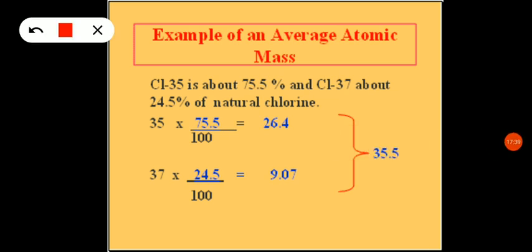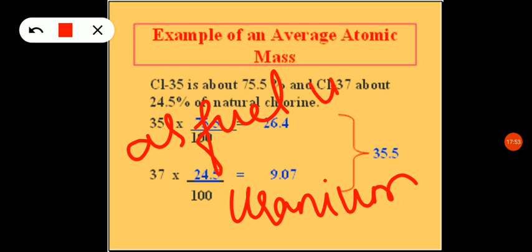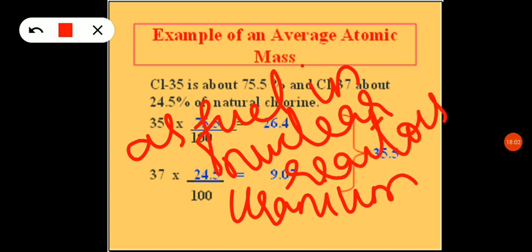The isotope of uranium is used as fuel in nuclear reactors. Nuclear reactors are used in nuclear power plants to generate electricity. So the isotopes of uranium are used.